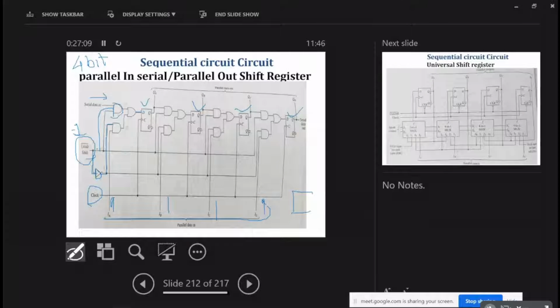The normal load shift pin is connected with one AND gate, and its complement is connected with the other AND gate. This is 1 and this is 2.